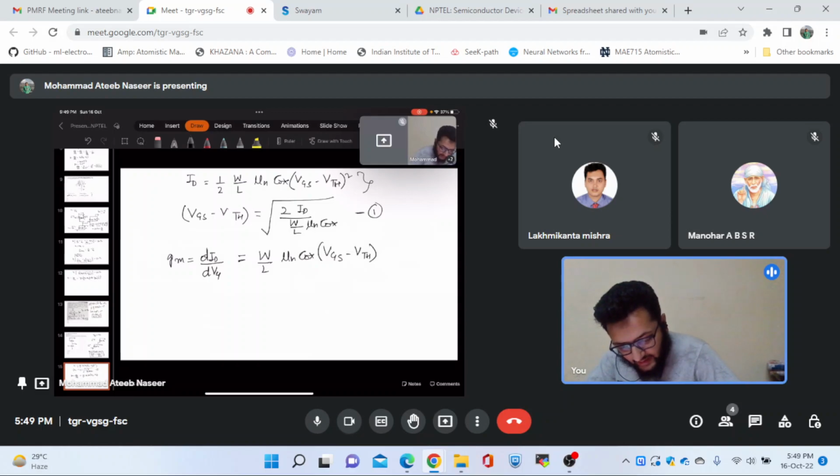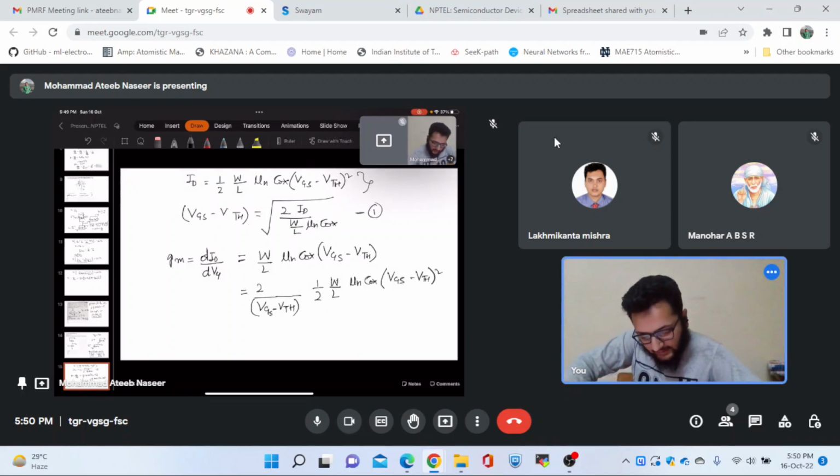Now let me multiply this by 2 and divide by 2, and multiply and divide by VGS minus VTH. This will be mu n C ox (VGS minus VTH) whole square.